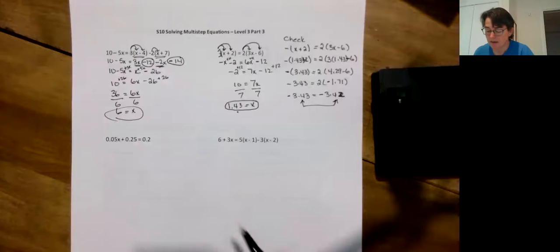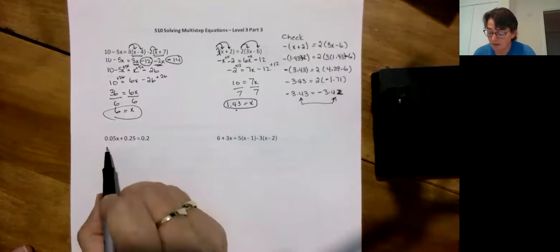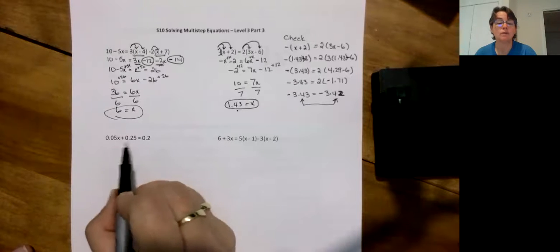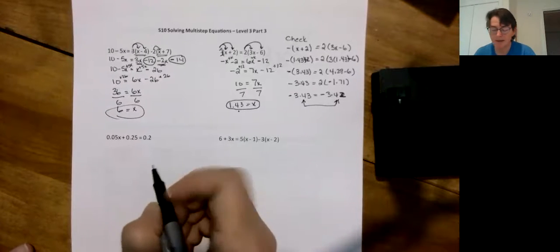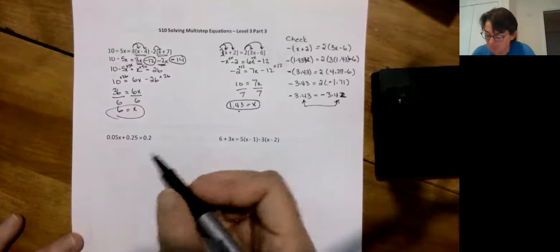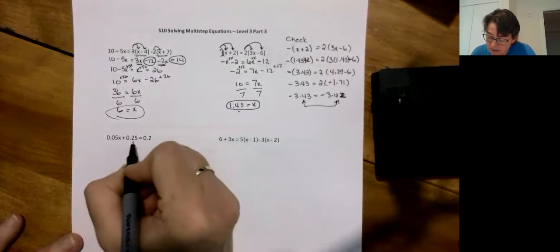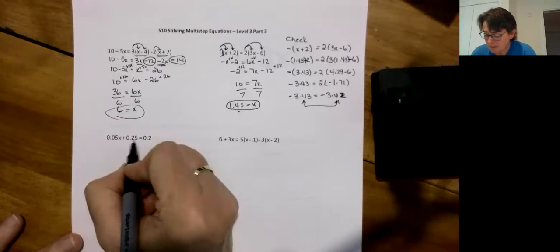All right, let's look at this one. Ooh, scary. I was reading some notes on this and they said you had all this stuff you had to do at the beginning. Multiply through by 100. No, it's much simpler. So it's a decimal. Whatever. I'm still going to take my numbers and put them on one side.